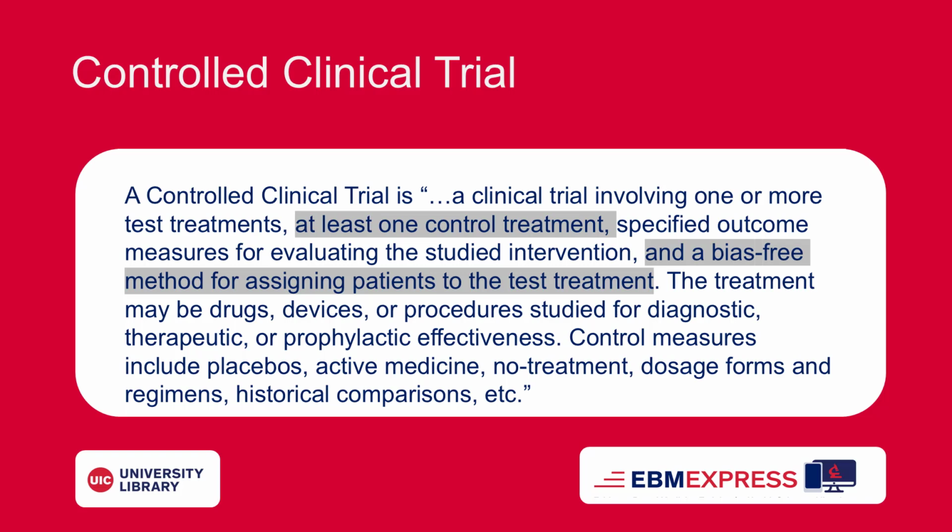Control measures include placebos, active medicine, no treatment, dosage forms and regimens, historical comparisons, etc. Controlled clinical trials are different in that they must contain at least one control intervention and that participants must be assigned to the control or test group using a bias-free method.